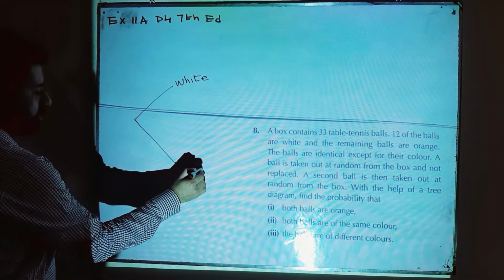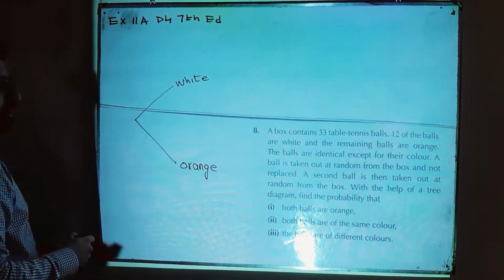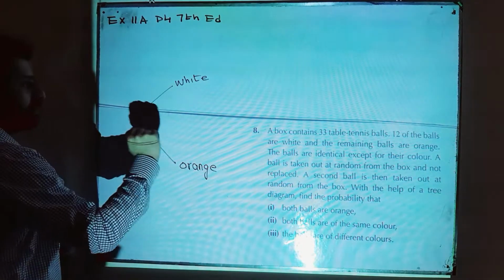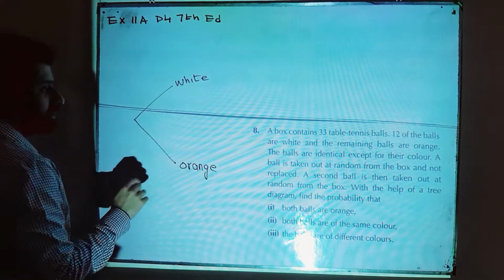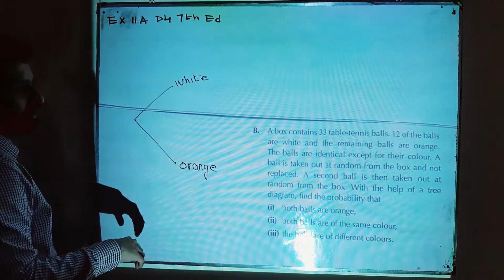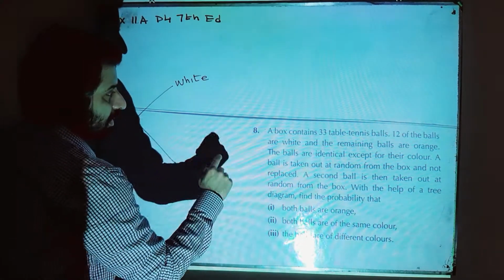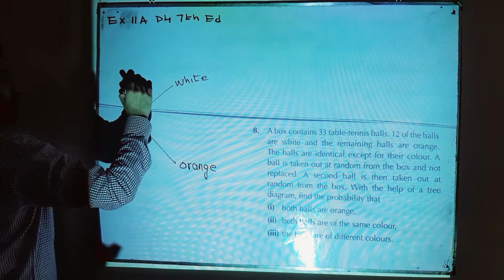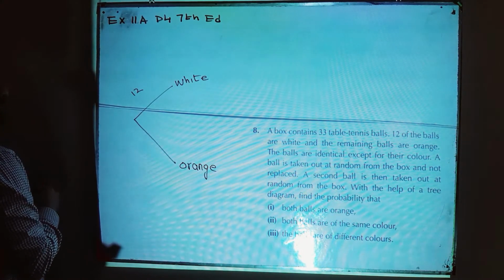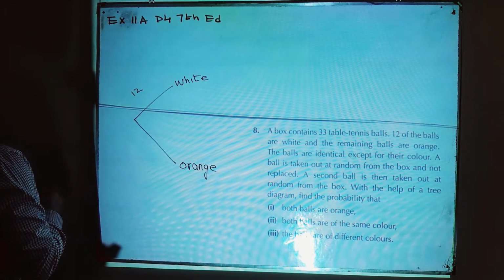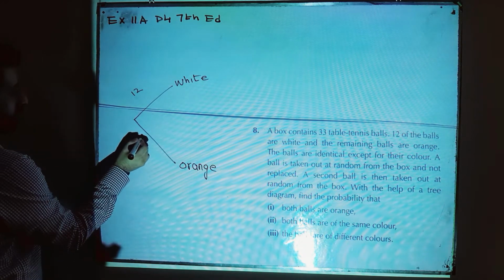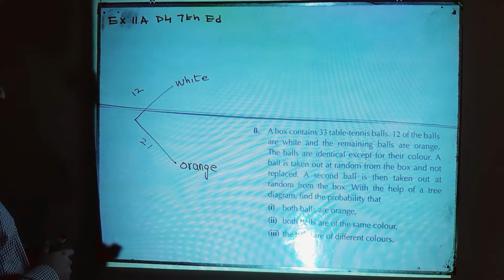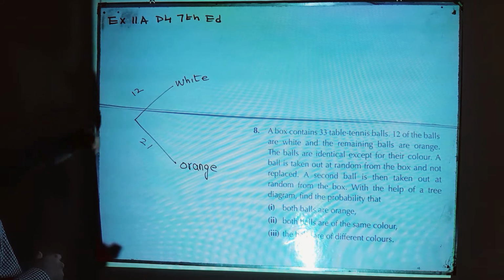So we have two colored balls, one is white and they are 12 in number, while the other ones are orange in color, and they are definitely the rest of them. We have 33 balls. So if 12 are white, then out of 33, 21 will be orange. Total is 33, 21 orange, 12 white.